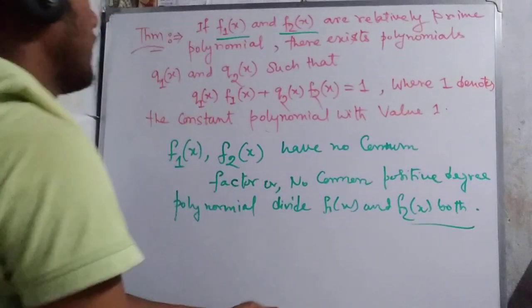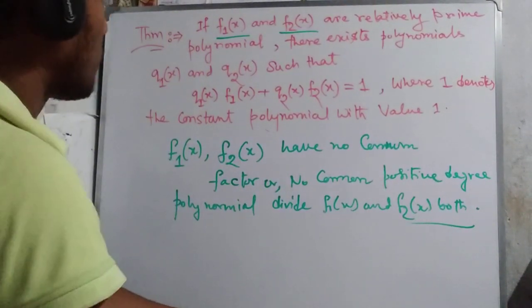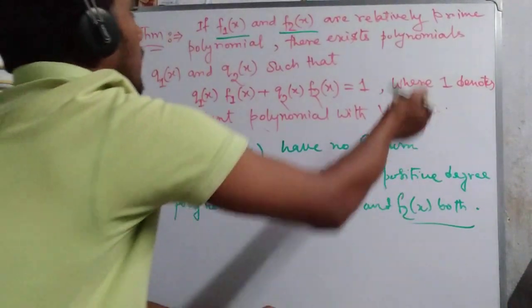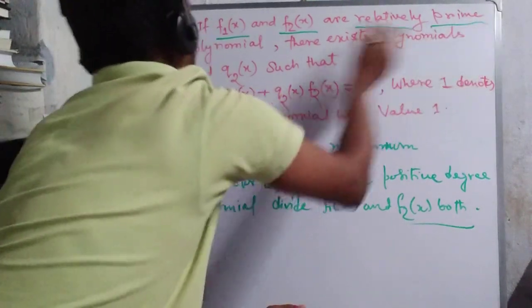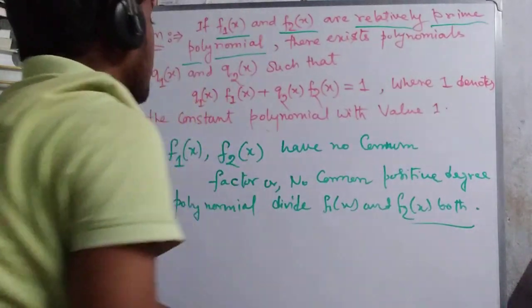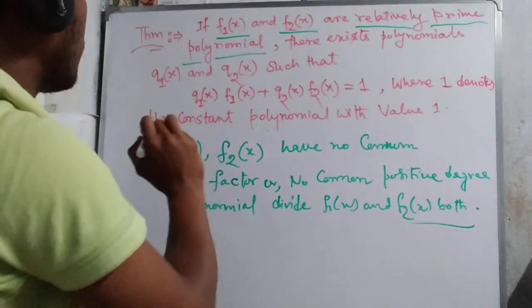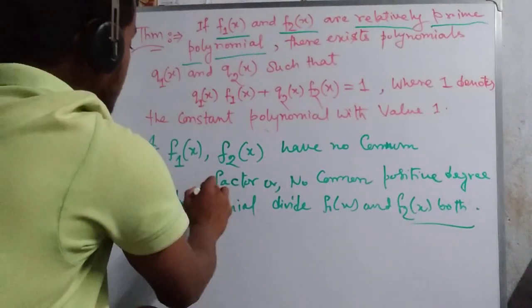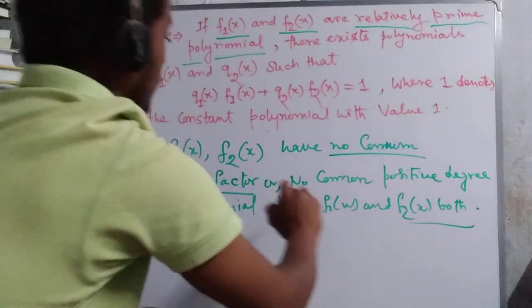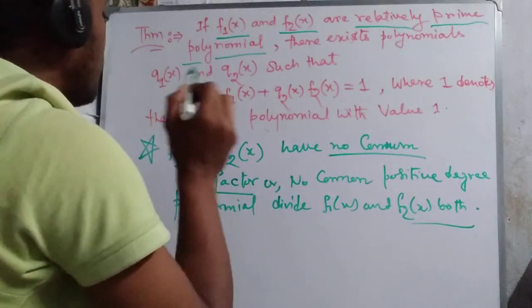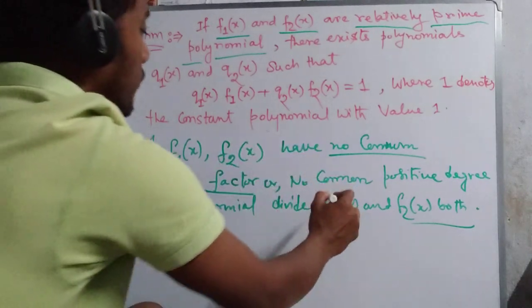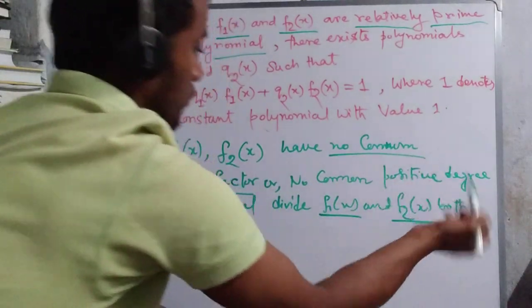Then these polynomials are called relatively prime polynomials. So f1(x) and f2(x) have no common factor, or no common positive degree polynomial divides f1(x) and f2(x) both.